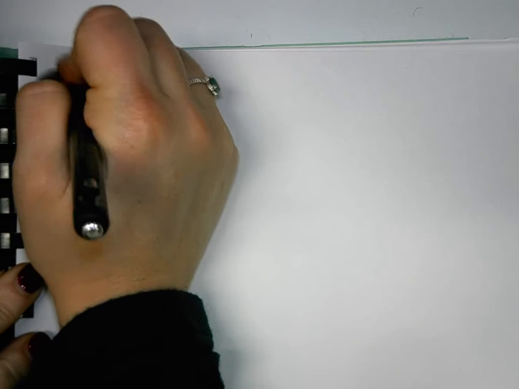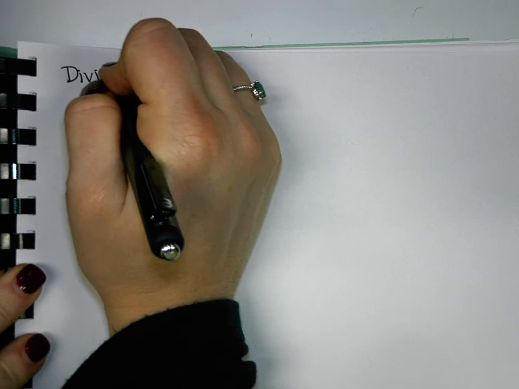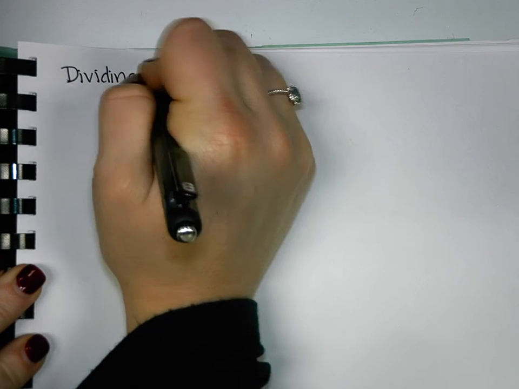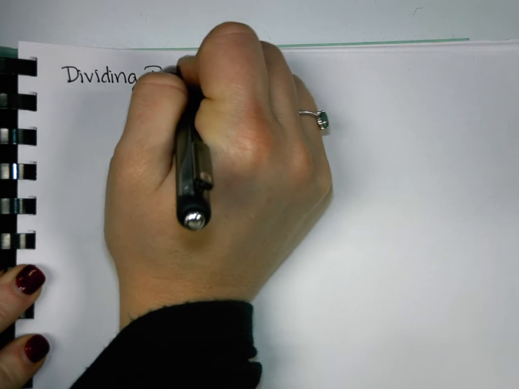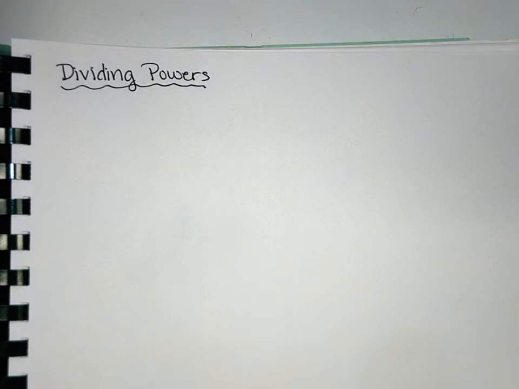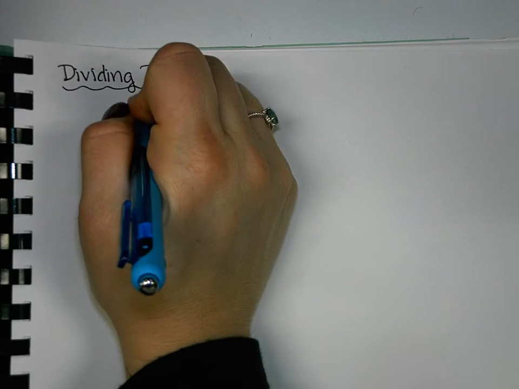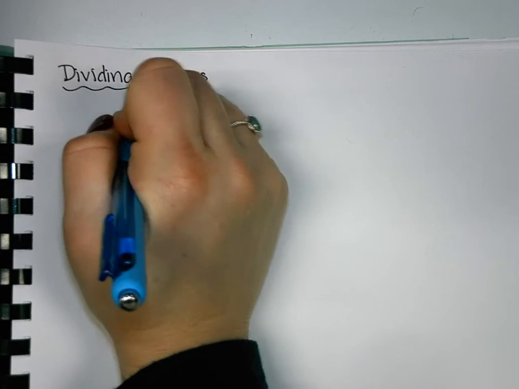Okay, so our next property is what do you do when you're dividing powers? So what does that look like?